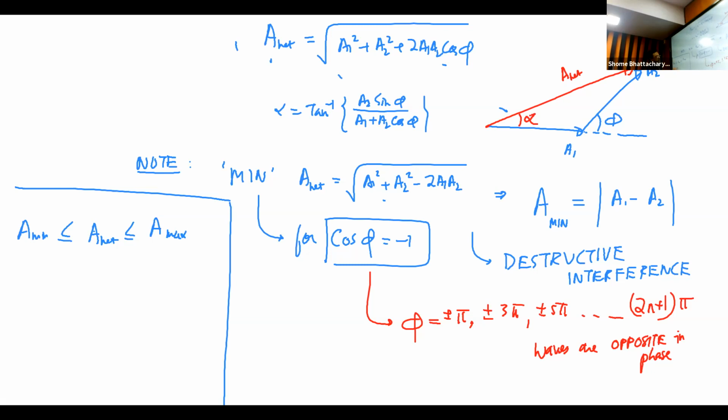As phi takes the general value, the minimum is mod of A1 minus A2, and the maximum is A1 plus A2. So whatever the phase difference is, our net amplitude cannot exceed A1 plus A2, and it cannot be less than the difference of A1 and A2, just like the vector addition. But in this case, it's a phasor addition and it's not a vector addition. You can just make a quick note of this if you want. Then we'll continue ahead.